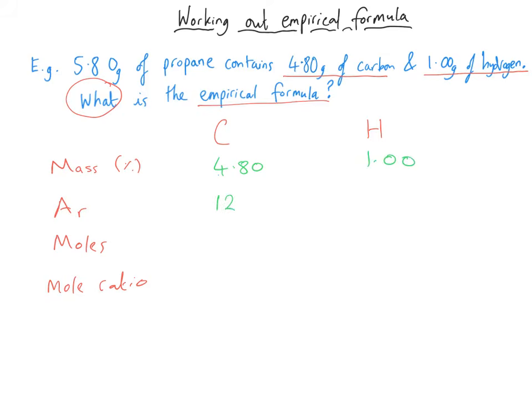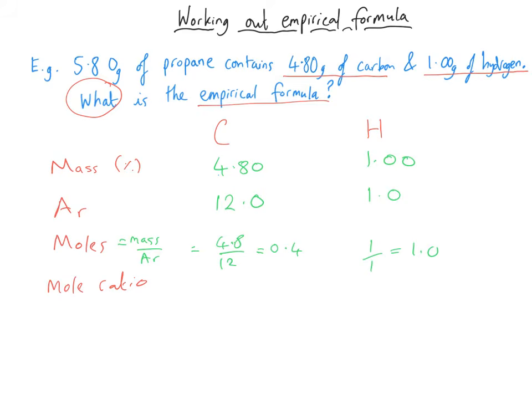The relative atomic mass of carbon is 12.0 and hydrogen is 1.0. And so therefore moles, which we know is mass divided by relative atomic mass, is 4.8 divided by 12 for carbon, which is 0.4. And then for hydrogen, it is 1 divided by 1, which is of course 1.